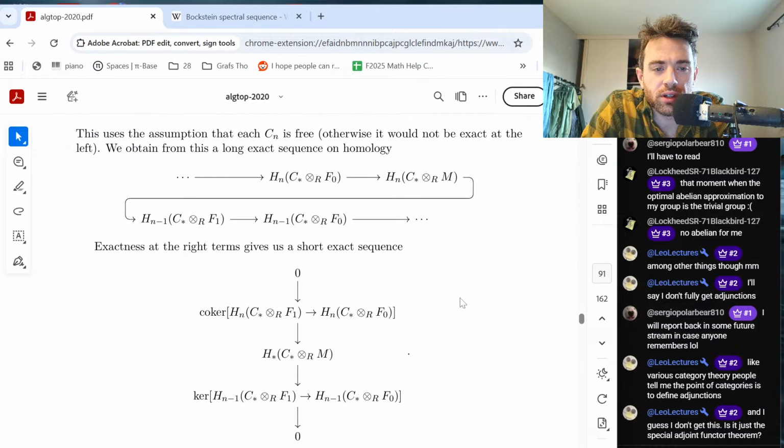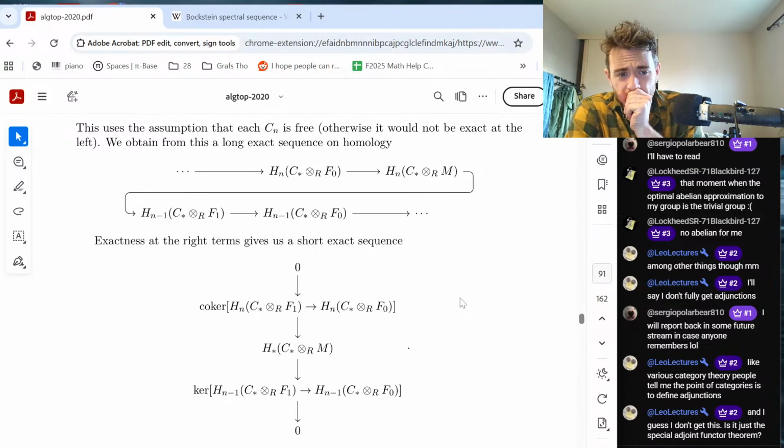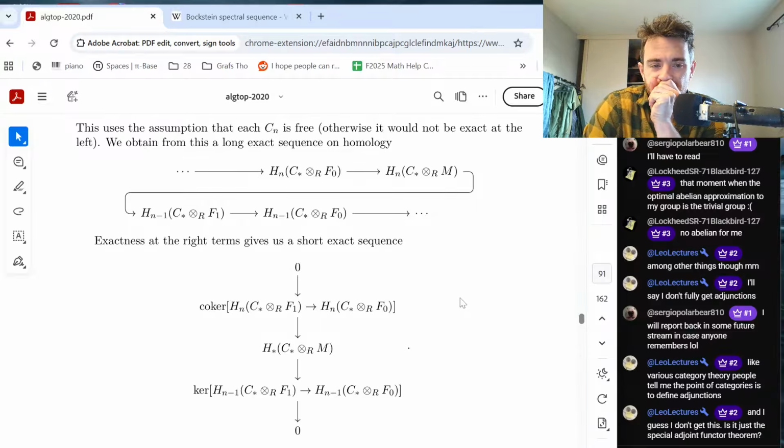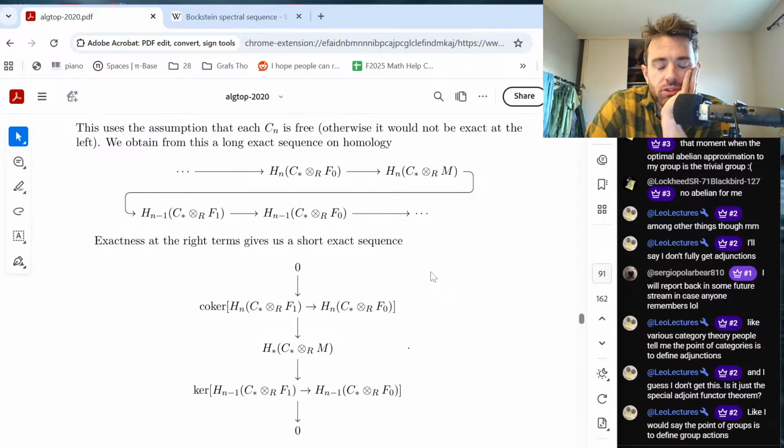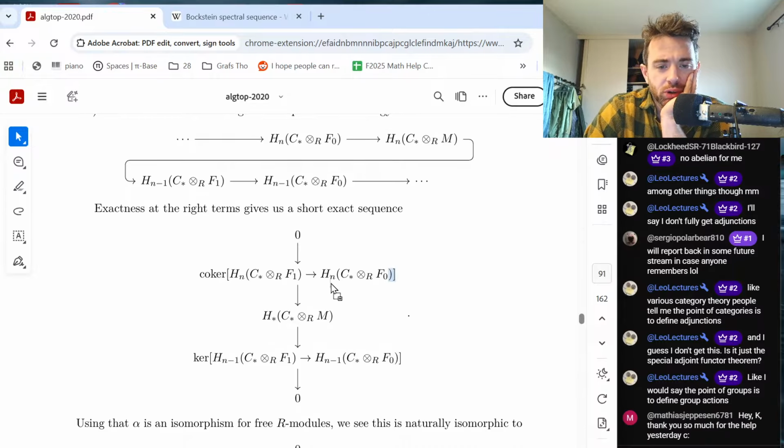Otherwise it would not be exact. We obtain a long exact sequence on homology. Exactness at the right terms. Okay, so I think we're just talking about taking the snake map, right? Because we're going from the cokernel here into here.